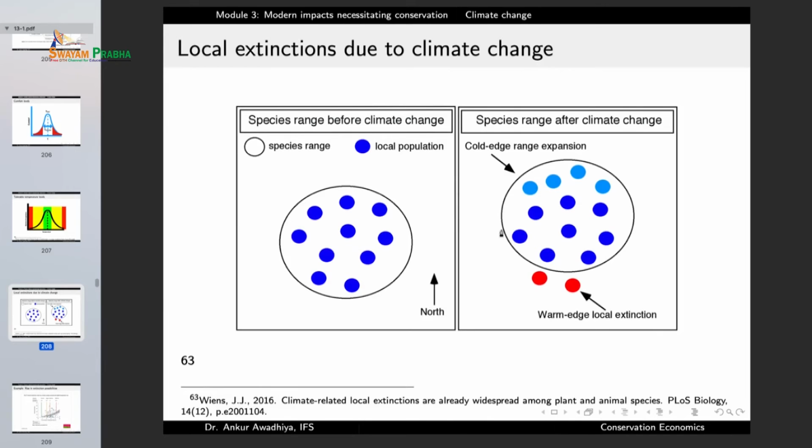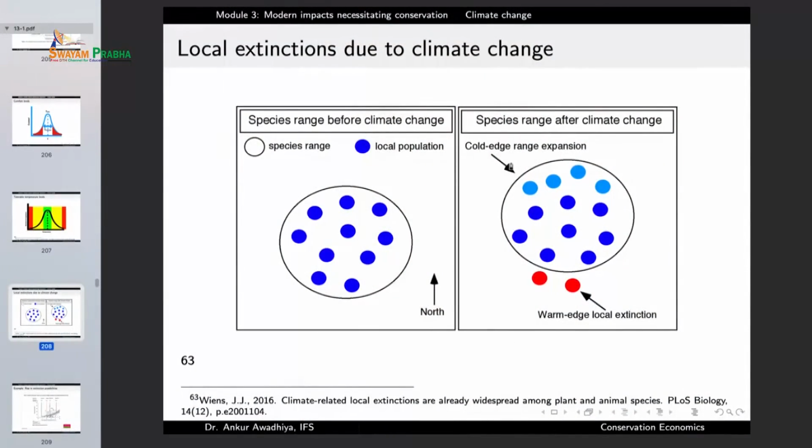This is important: local extinctions due to climate change. When the climate changes, a warm edge gets developed, which is typically the region closer to the equator. When the temperature increases, the organisms in this warm edge find that the conditions are no longer congenial, and they die out.